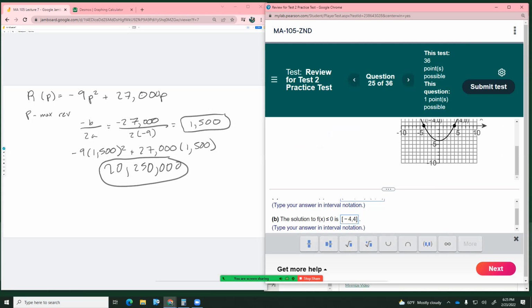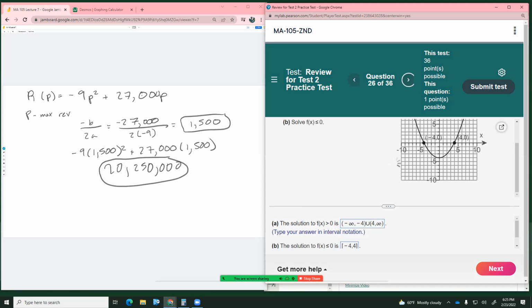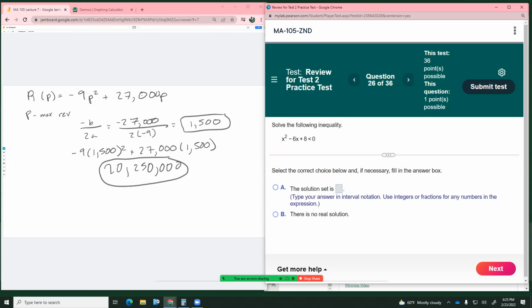All right, what's the next problem I wanted to do? No, I want to do 26. Solve the following inequality.